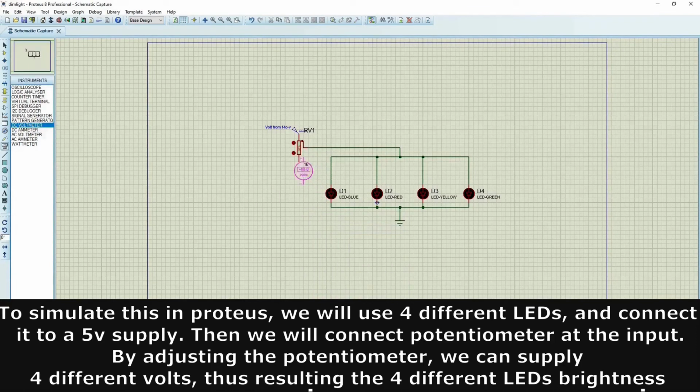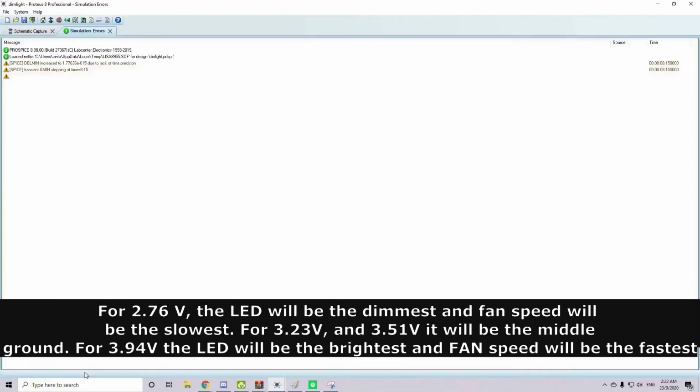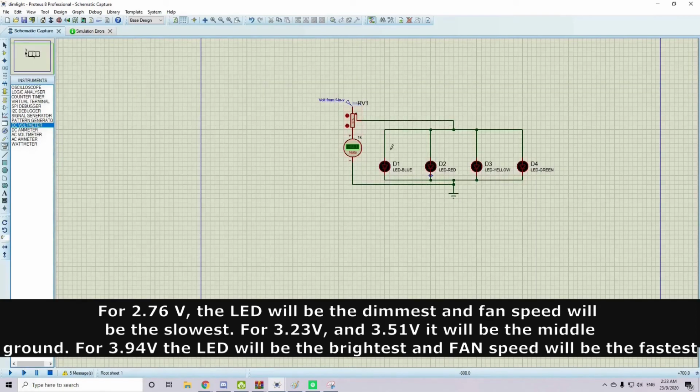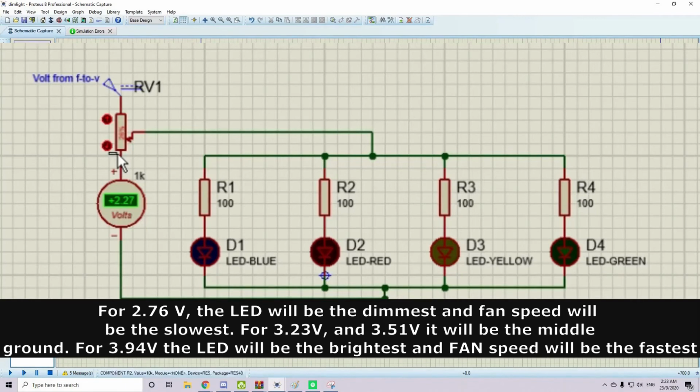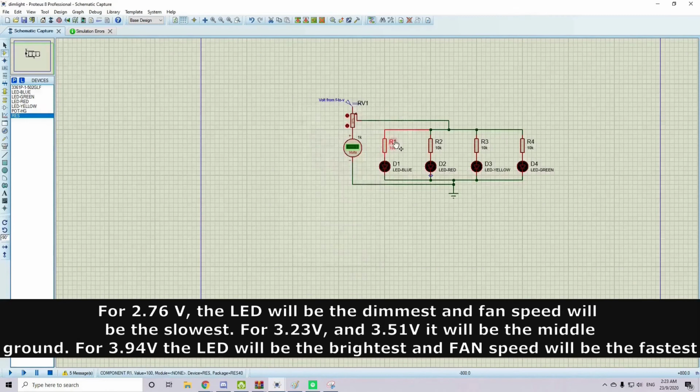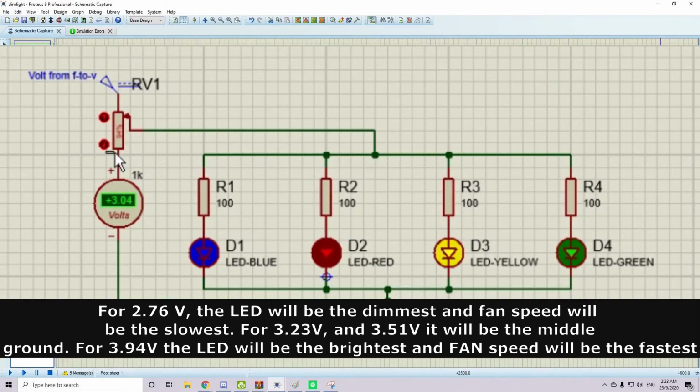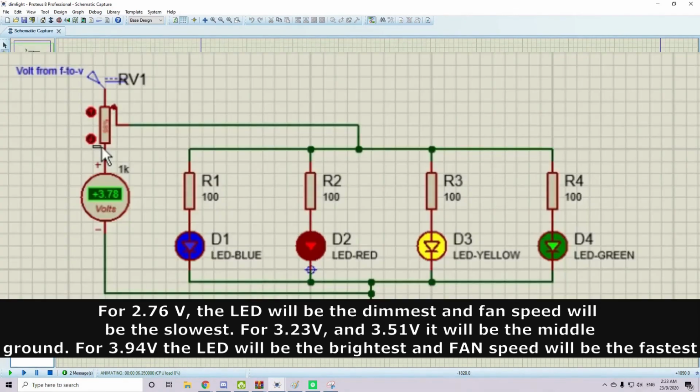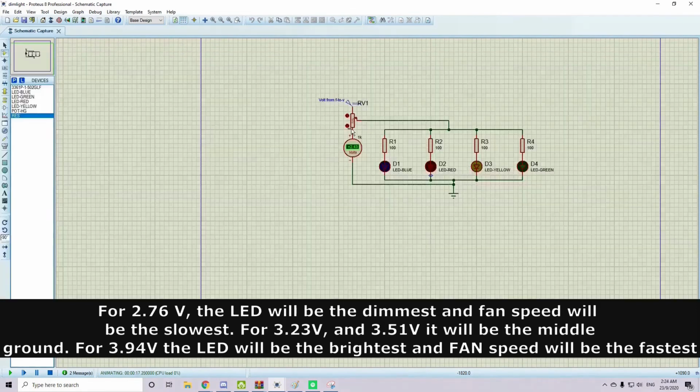By adjusting the potentiometer, we can supply 4 different voltages, thus resulting in 4 different LED brightness levels. For 2.76 volt, the LED will be the dimmest and the fan speed will be the slowest. For 3.23 volt and 3.51 volt, it will be the middle ground. Meanwhile, for 3.94 volt, it will give the brightest LED and fastest fan speed.